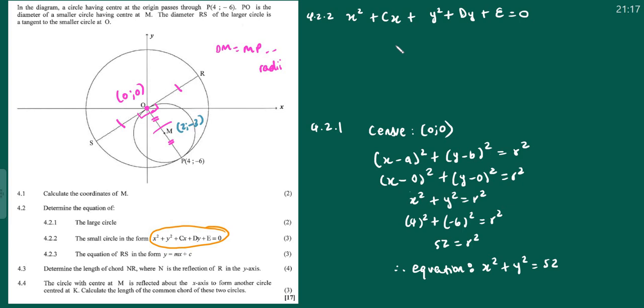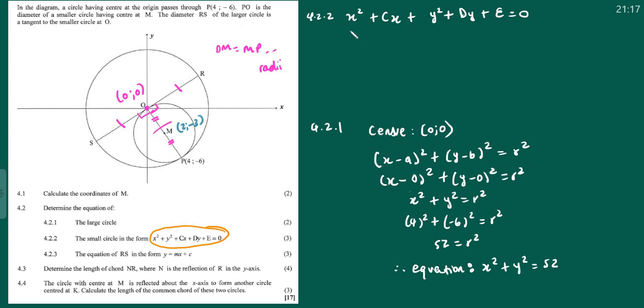Quite interesting. So for a smaller circle, to get the equation, first of all, we don't really need to worry about this. You need to worry about the fact that you have a center. Since you have a center, you can use the general formula of a circle to get the equation.